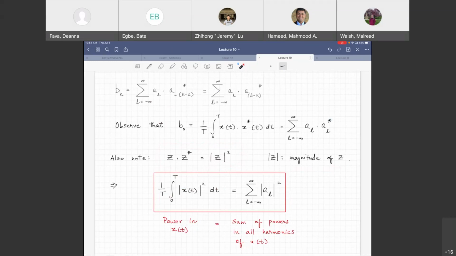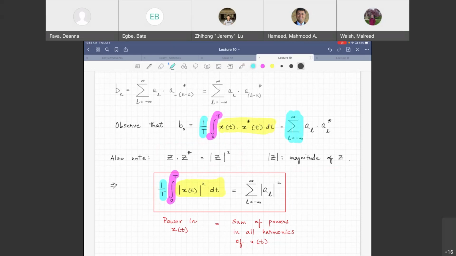On the left, what do you have? 1 over T. Let me try to map this for you. 1 over T here, 1 over T there. Integration over one time period, integration over one time period. X multiplied by x conjugate, what do you have? Magnitude squared. That's your left hand side. On the right hand side, what do you have?